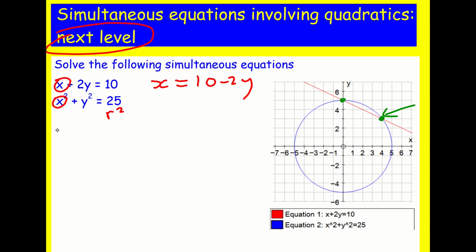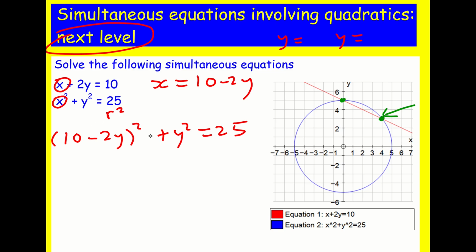No fractions, it's going to be easier. So we can write down 10 minus 2y squared plus y squared equals 25. This is called substitution. I'm actually solving simultaneous equations using substitution. And actually, last lesson was substitution as well. But if you have y equals and y equals, it's a simpler substitution than what we're doing here.